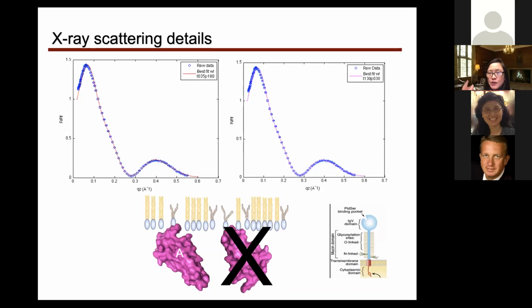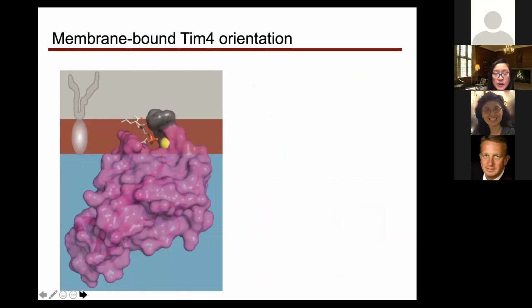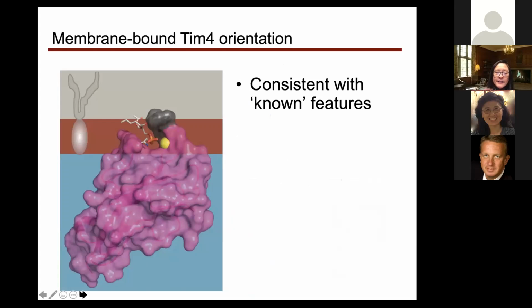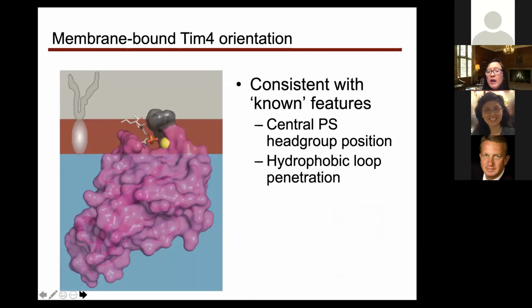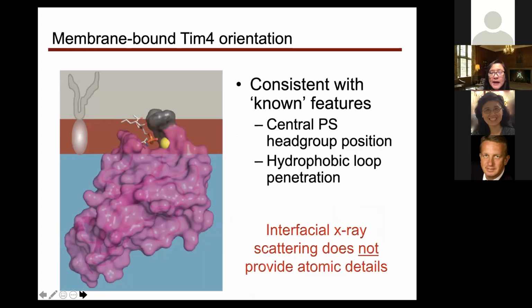So this allows us to hone in on the orientation of the protein onto the surface, and the orientation is consistent with the various known features of this protein that are corroborated with the other techniques that we look at. Basically, it has a central PS head group and a level of penetration of the hydrophobic loop, but the interfacial X-ray scattering does not really provide the atomistic details.